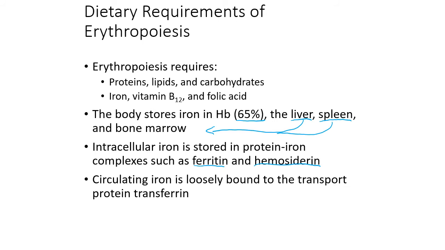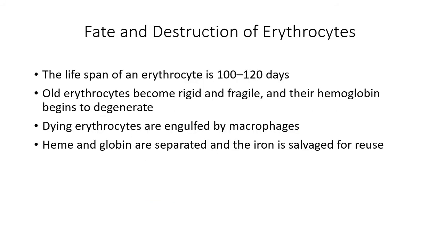When we're transporting the iron from, say, the liver to the bone marrow or wherever it happens to be, it also needs to be bound to a protein so that we don't lose it, and that gets bound to a protein called transferrin. Think of it as transferring the iron. That's going to allow us to transfer it to the next place.